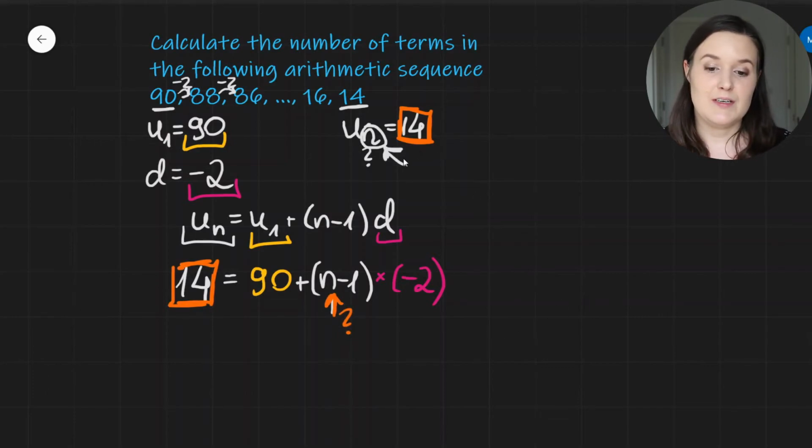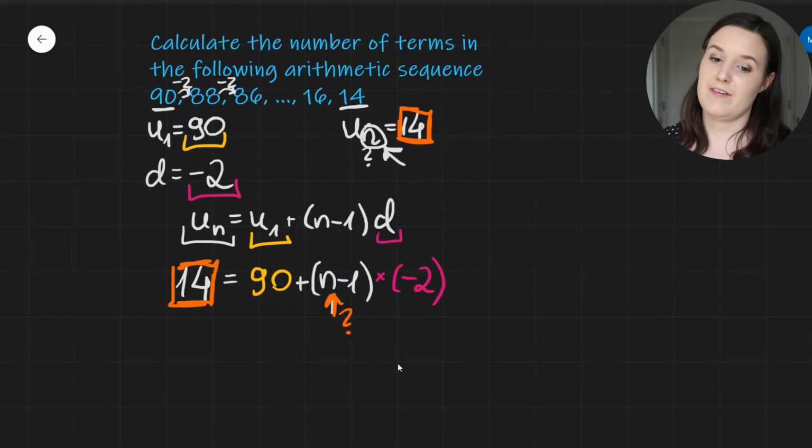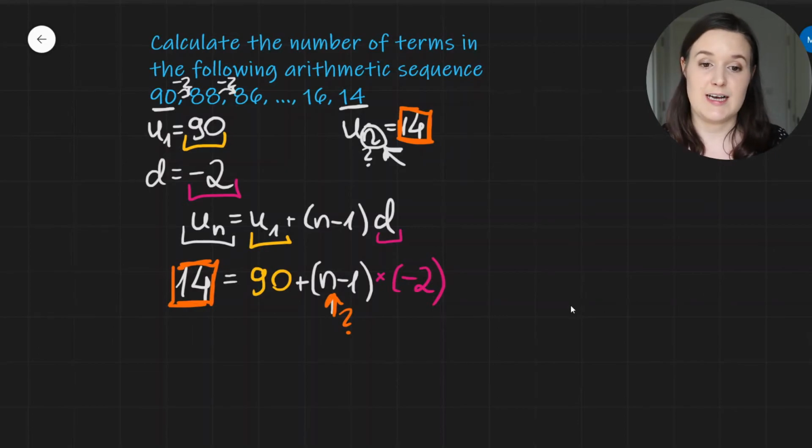So basically if we substitute everything we have into this formula, we will find n, which was the task, because the question is asking how many terms there are in this sequence.